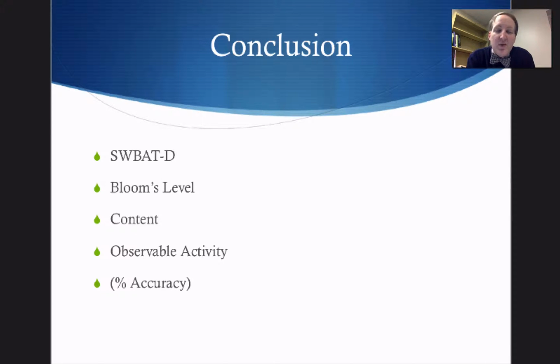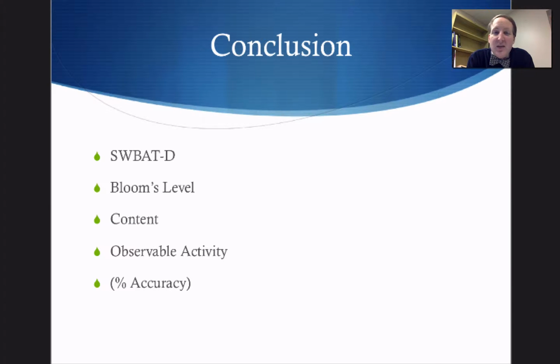So in conclusion, our objective looks like this. Student will be able to demonstrate, and then we explicitly write Bloom's taxonomy of the cognitive domain as a level. So knowing, understanding, applying, analyzing, evaluating, or creating. And then we write out our content. What exactly are the pedagogical ideas we'd like our students to know?